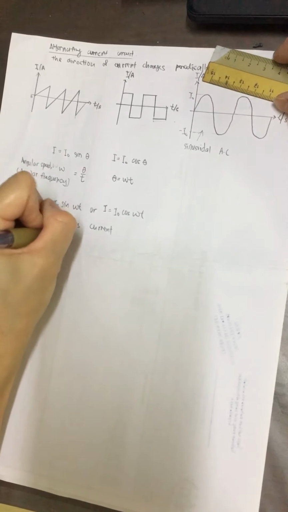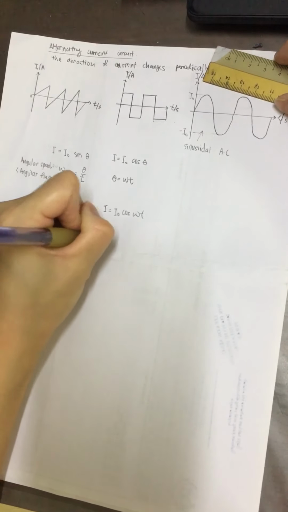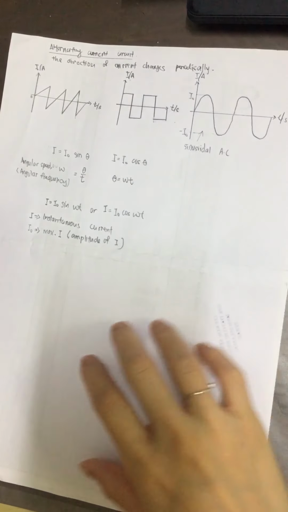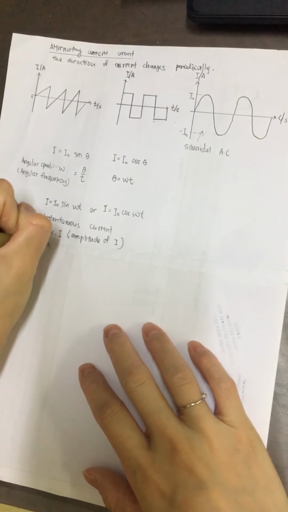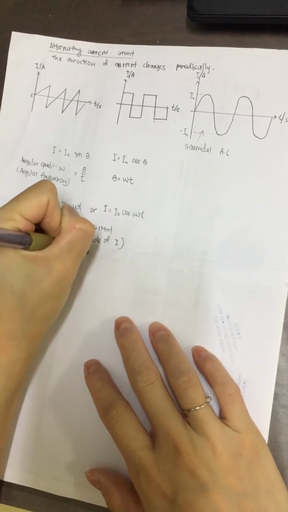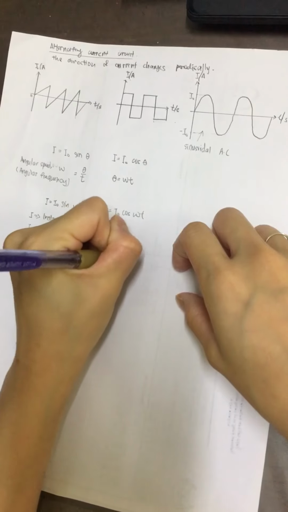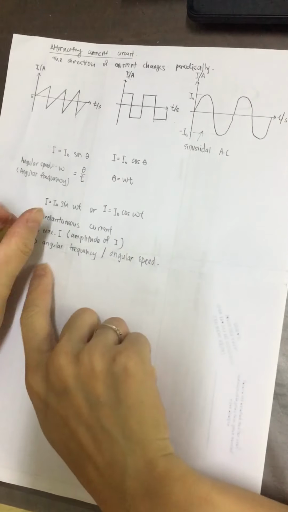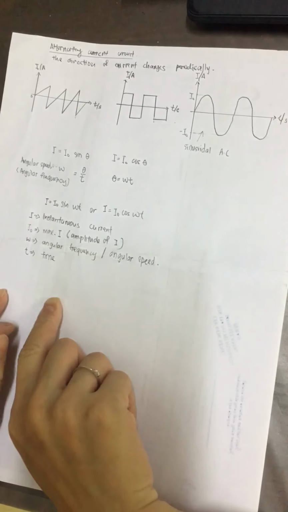We call it the amplitude of I. While omega, just now I already mentioned, is your angular frequency, or some of the books write it as angular speed or velocity. And t is your time.